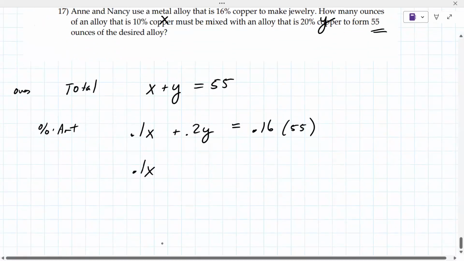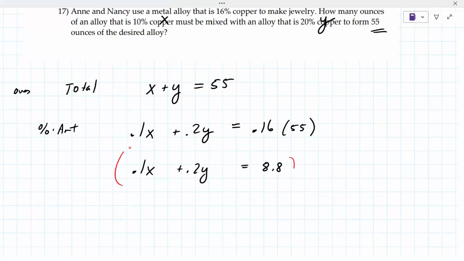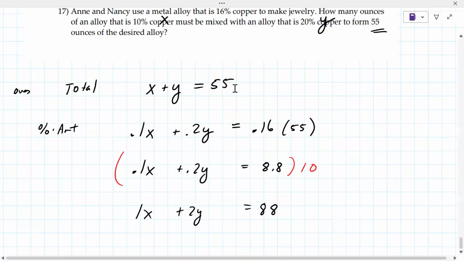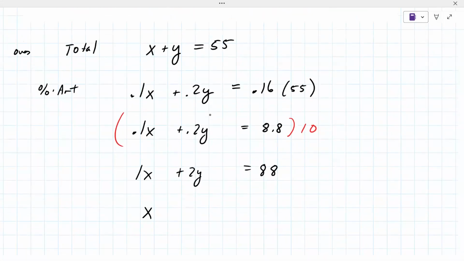It ends up being 0.1x plus 0.2y equals 8.8. Then I would tell you to multiply everything by 10, which will give you 1x plus 2y equals 88. And then you can use this other equation up here to solve the system, either by substitution or elimination. Either would work.